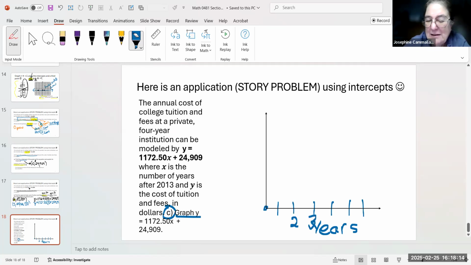This will be 3. But this is 2013, 14, 15, 16, 17, 18, 19. That is my years.